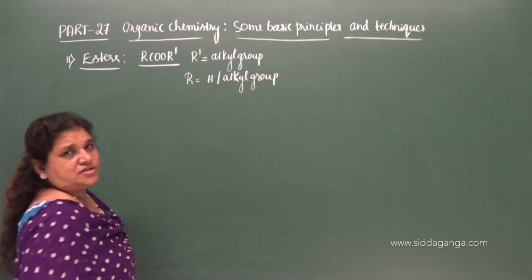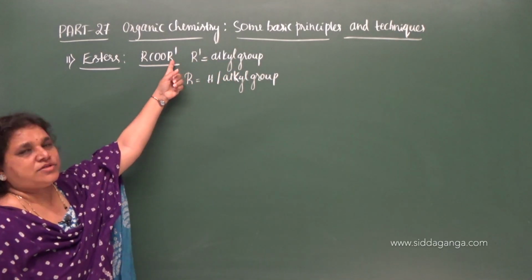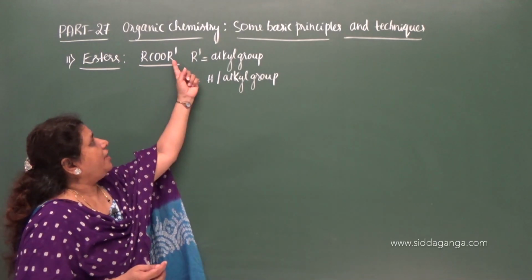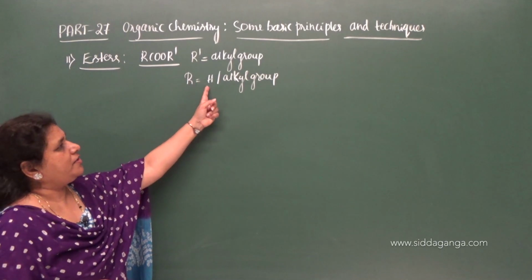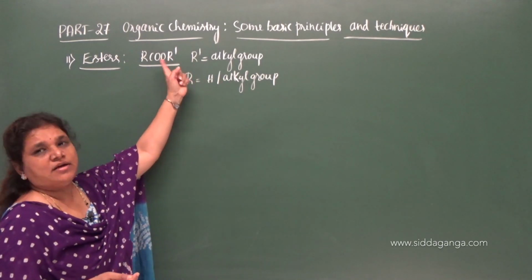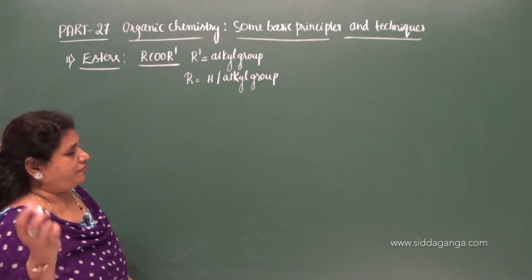So R dash is always an alkyl group. If R dash is hydrogen, then it will be a carboxylic acid. Therefore, it must be alkyl, but R may be hydrogen or any alkyl group, while R dash is always an alkyl group.